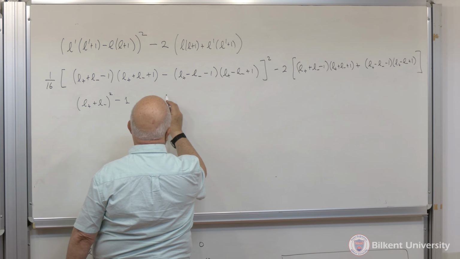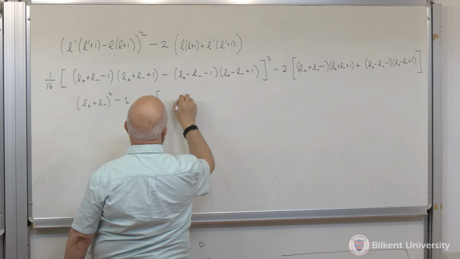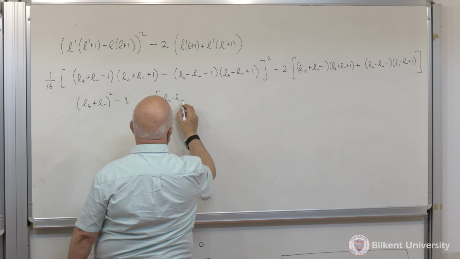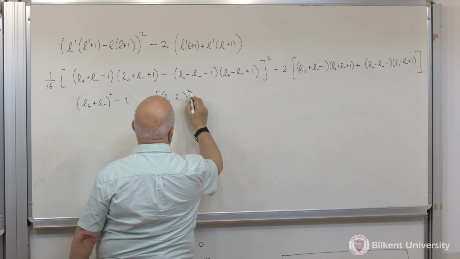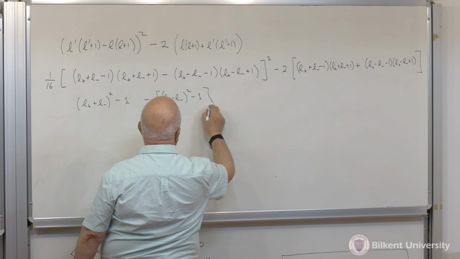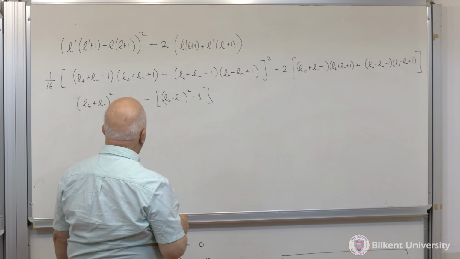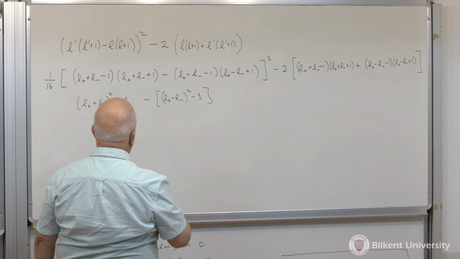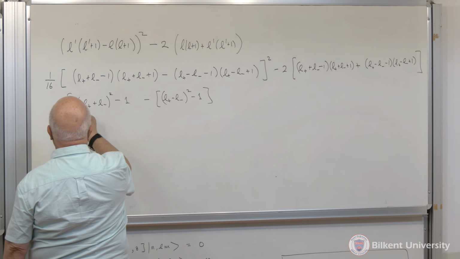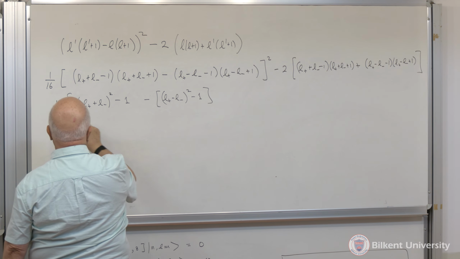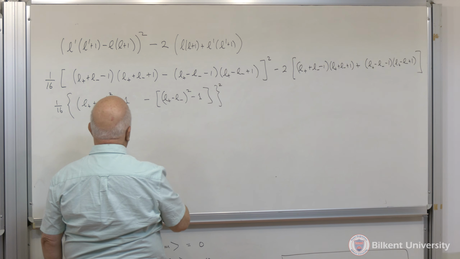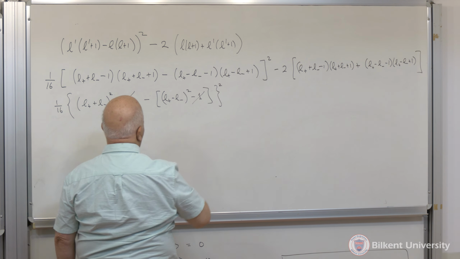Minus the second term, which is L plus minus L minus squared minus 1. So all of this 1 over 16 and squared. So these minus 1s cancel.